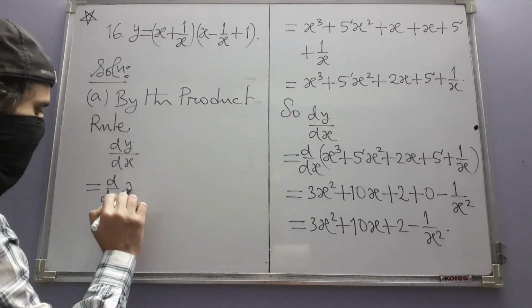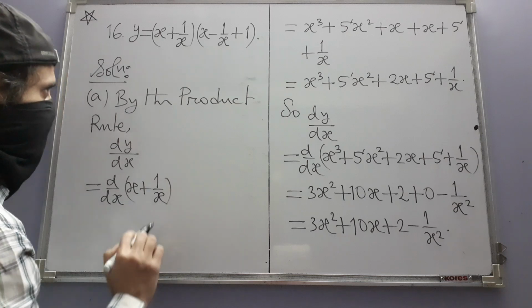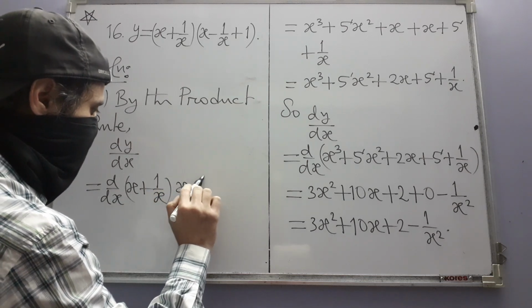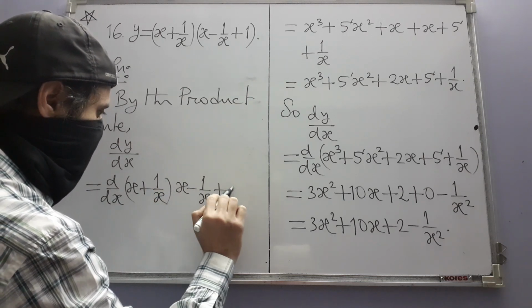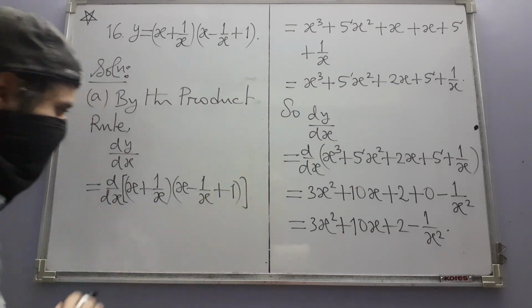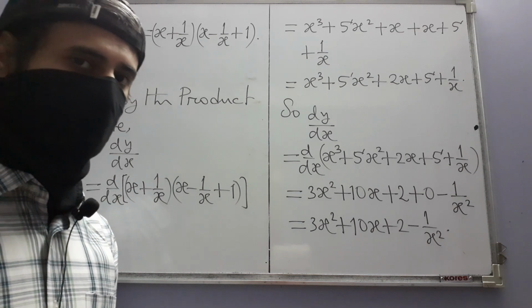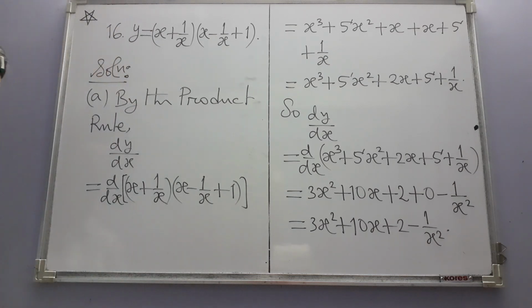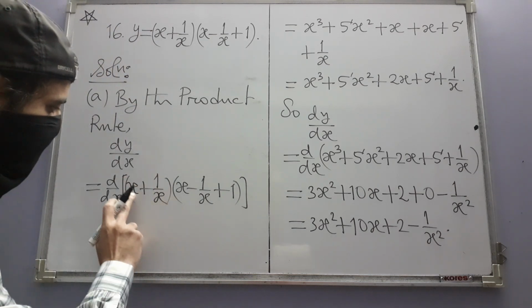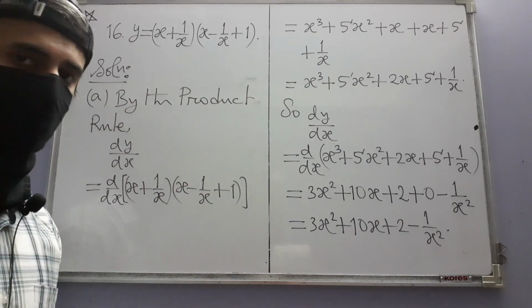d dx of this. By now it has become clear that the second method, B, is proving to be much easier in this case. In fact, the presence of this 1 over x and x is screaming for simplification.